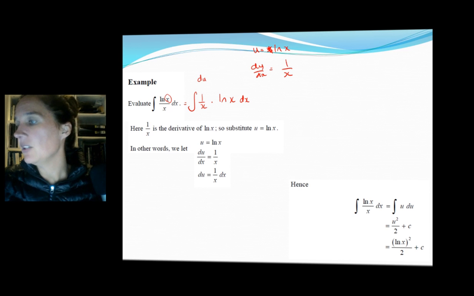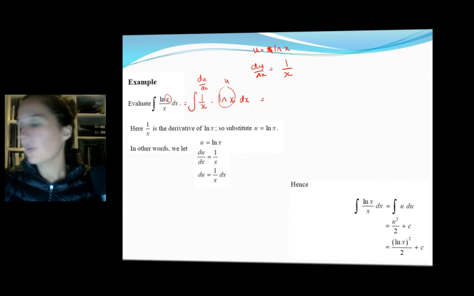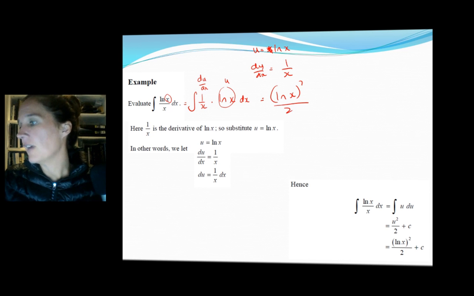So this is our du on dx, and then this one here is our u. So what we've got, du on dx multiplied by u here. So when we actually go through and we integrate this, we're going to end up here with our natural logarithm of x, power of 2, divided by 2, plus our constant c.